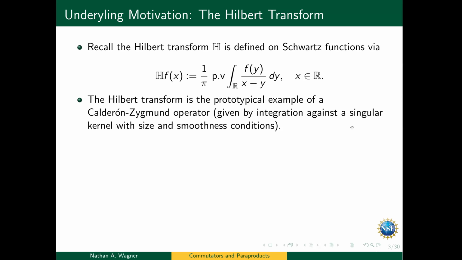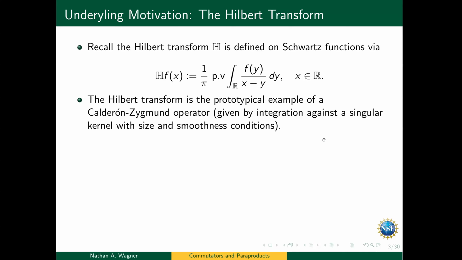And many of you are in harmonic analysis, so you know that this is the prototypical example of what's called a Calderon-Zygmund operator, meaning it's a singular integral operator that is given by integration against some singular kernel function, and that kernel has to satisfy size and smoothness estimates for the operator to have good properties.